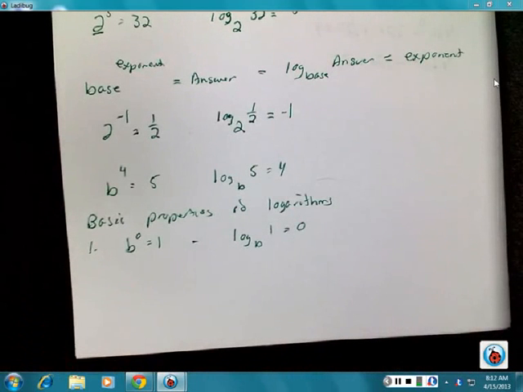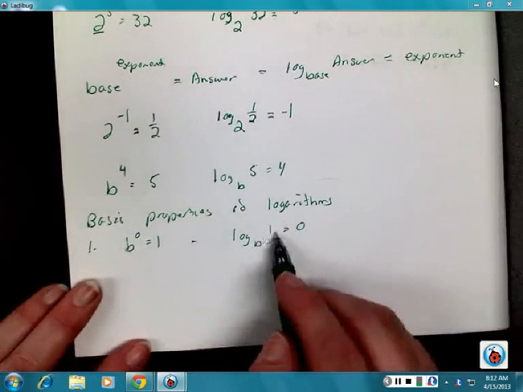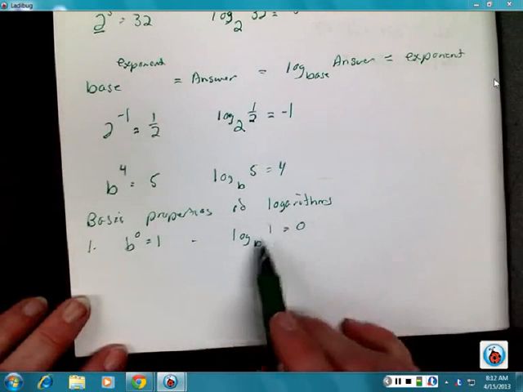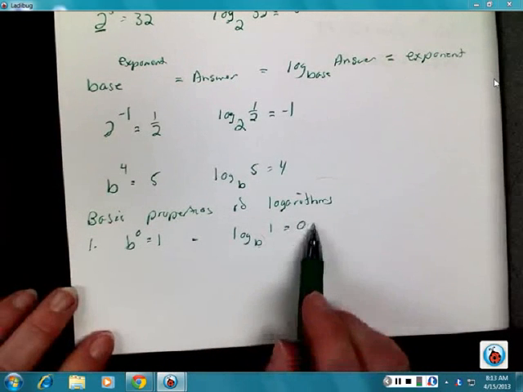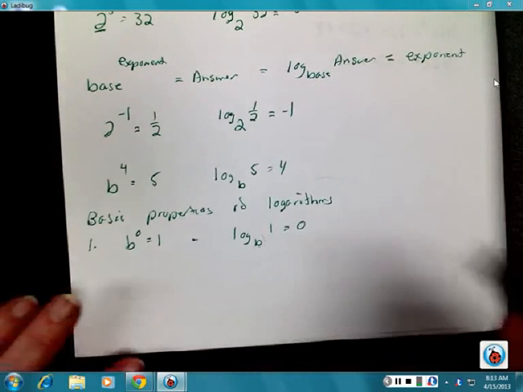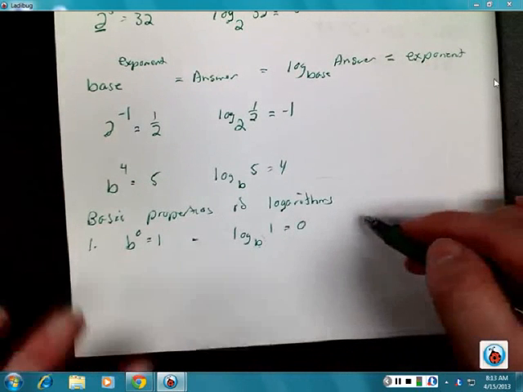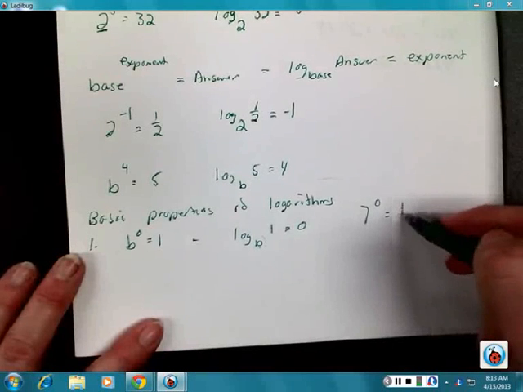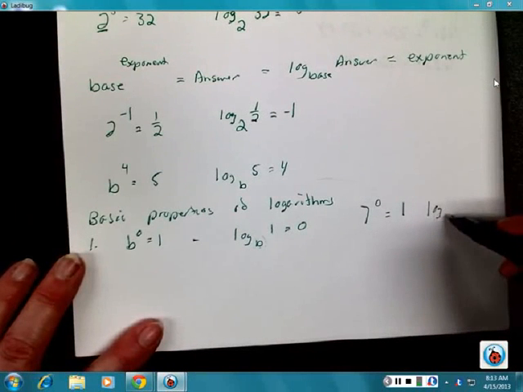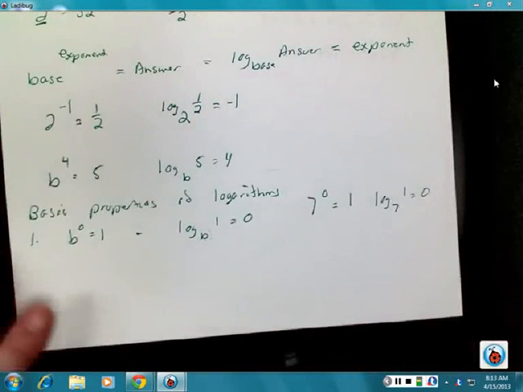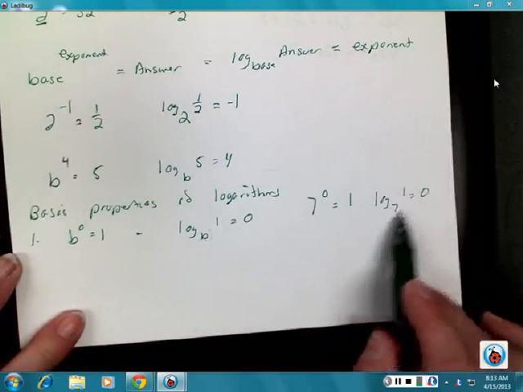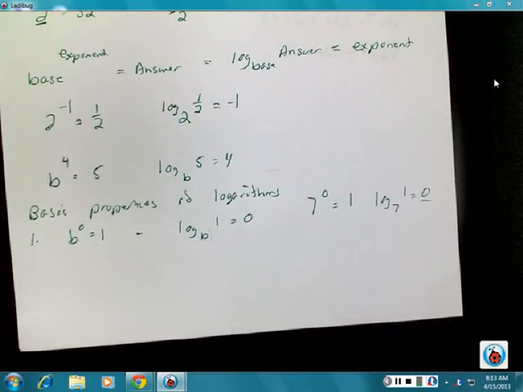So if you get something in that situation where you have a 1 as your answer, we automatically know, regardless of whatever this base happens to be, that the log is always going to be 0. So an example might be 7 to the 0 power is equal to 1, so its log will be log base 7 of 1 is equal to 0. So if you see that combination where you get a 1 in this position, it's automatically going to be known to be 0 because of reversing those.